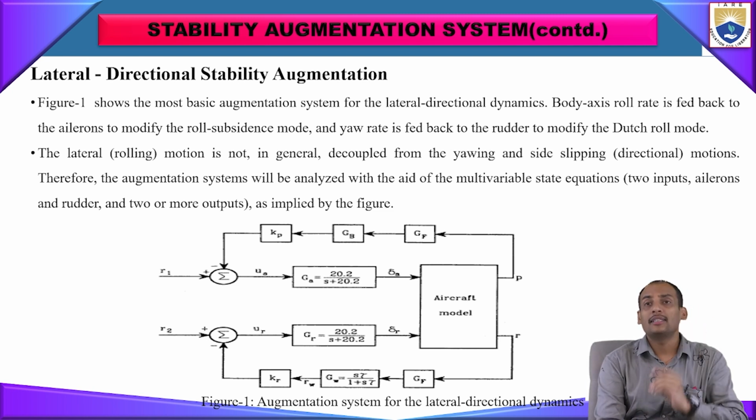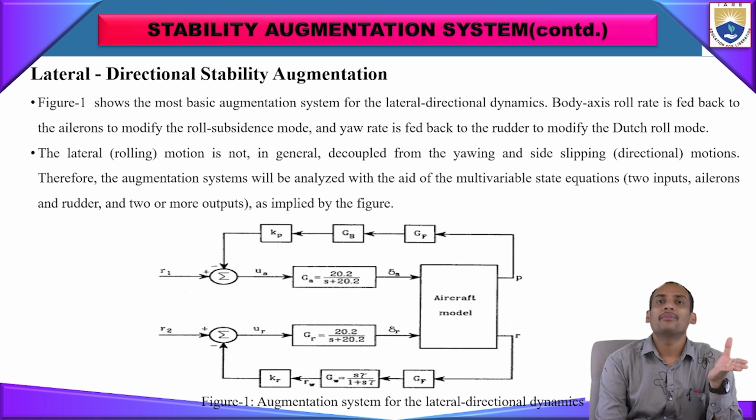As I said, what does a stability augmentation system mean? When we give an input signal to a control surface, that control surface will be operated. Suppose we give a control input to the elevator; the elevator will be operated, and due to that, the aircraft may pitch up or pitch down.